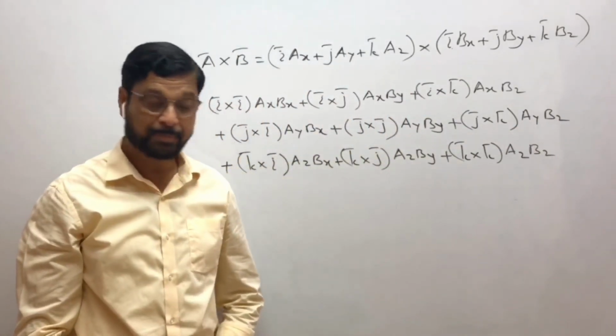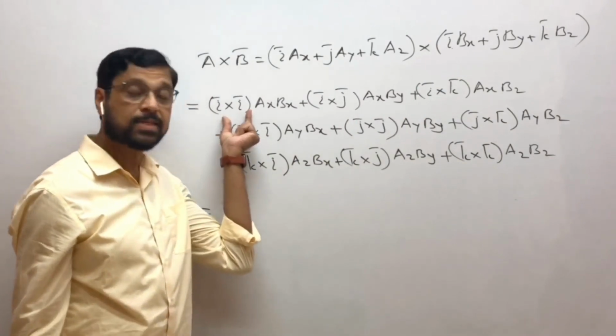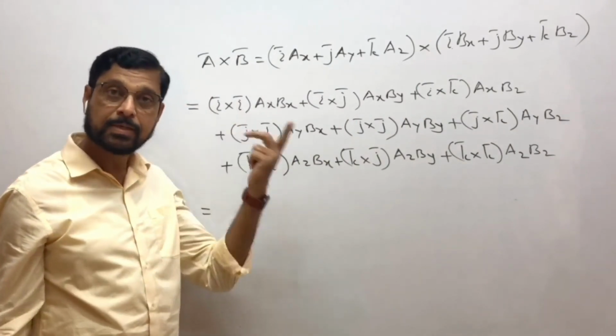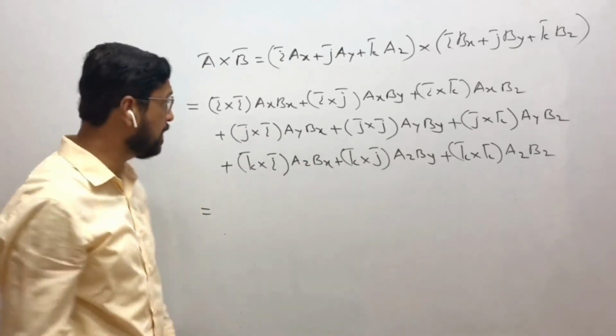Is it right? Now that will be equal to, what is I cross I? 0, isn't it? We just saw in the previous characteristic I cross I is 0.